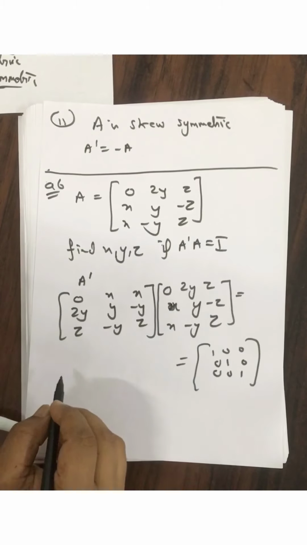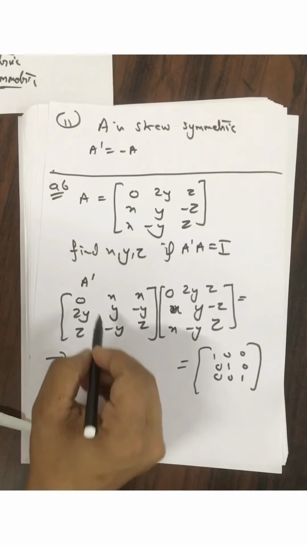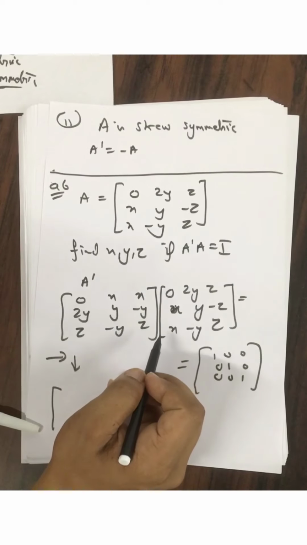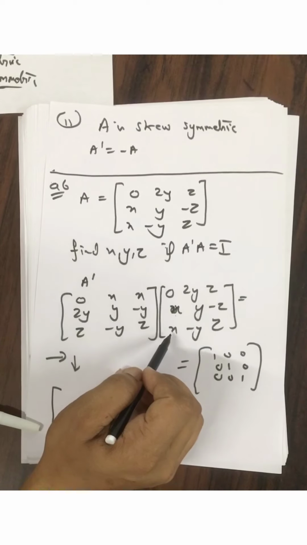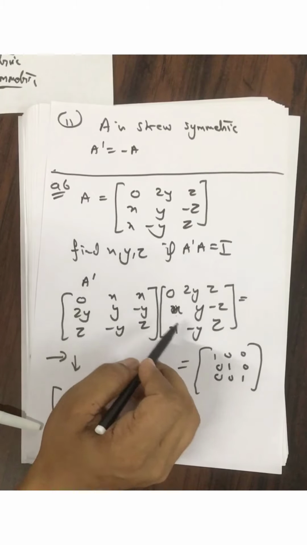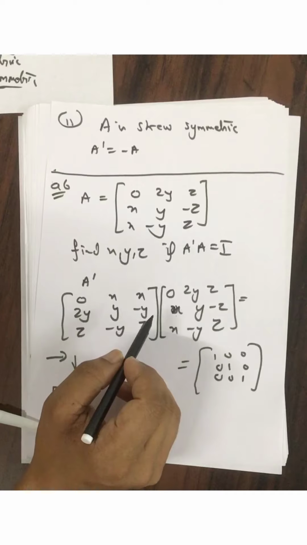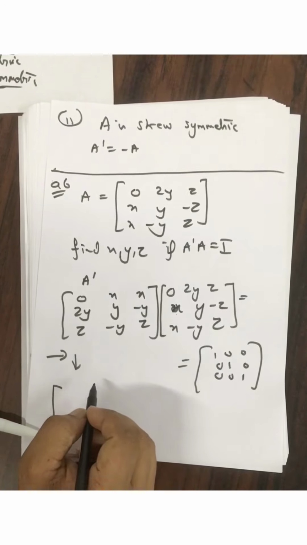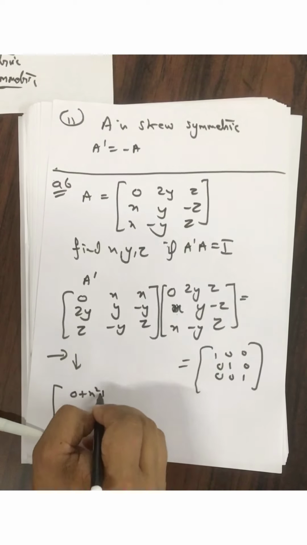How much will you get? Multiply this. See, the multiplication rule is row into column. So this will become 2x square. In the same way, 0 plus x square plus x square.